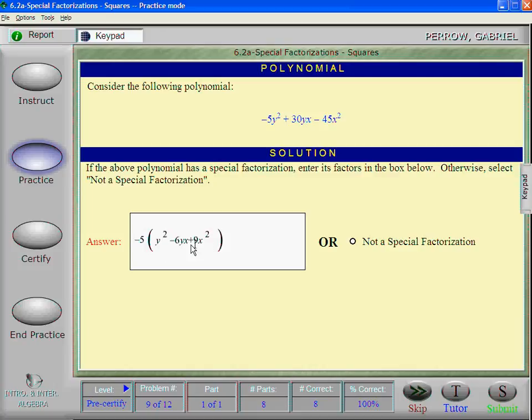The stuff in the parentheses is like one of the other questions I just did, saying, can I see there's a pattern with the front value and the last value in terms of perfect squares? y and y, 3x and 3x. And in fact, when I do that, I am going to get the negative 6xy, or 6yx, if I FOIL it back. Okay, you can do this out on paper. You're going to see it pretty clearly.